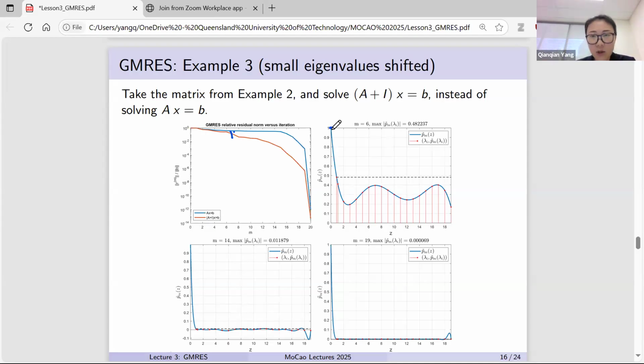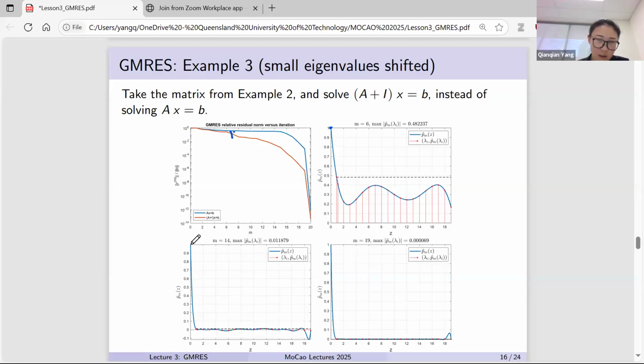So my polynomial comfortably starts from there and then comfortably gets down, trying to keep all the PM at lambda small, and then moves down to here at m equals 14. It's doing a great job.